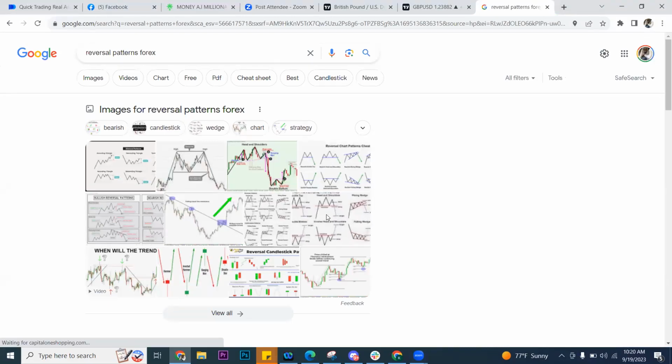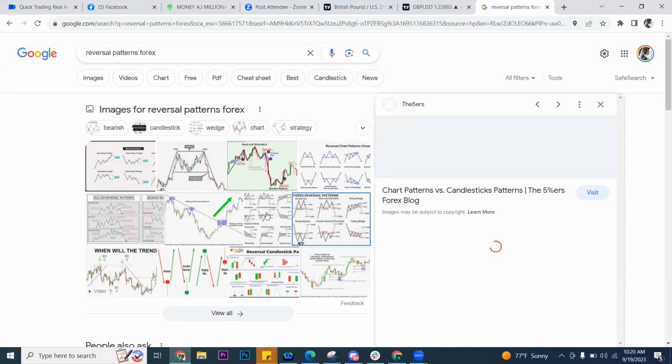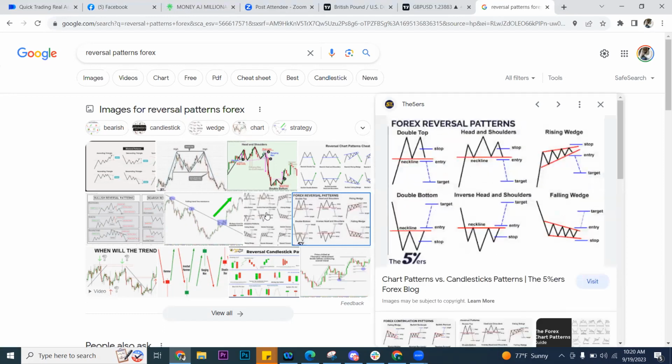Where's a good one? This one right here, came down, up, down, and then takes off to the top.